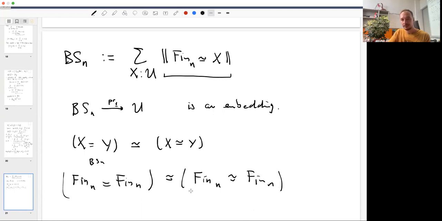And here on this side, we have exactly the permutations on an n element set. So what we have here is that the loop space of BSN is the permutation group on n elements, and that's why we use this name for BSN.